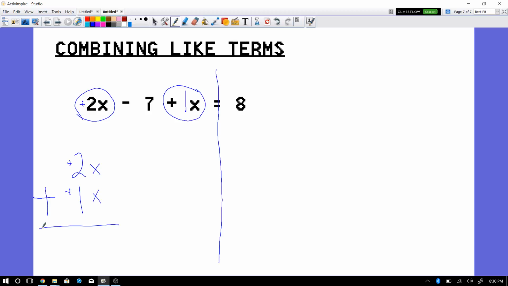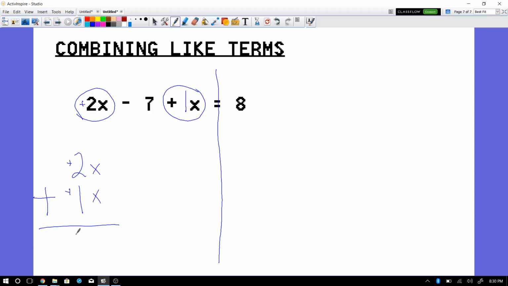The structure that I'm going through and showing you right now is a system that will help you keep your work organized in combining like terms and solving multi-step equations. There is not necessarily another format that you could do, so I would suggest working on the grammar of the math that you're getting into.